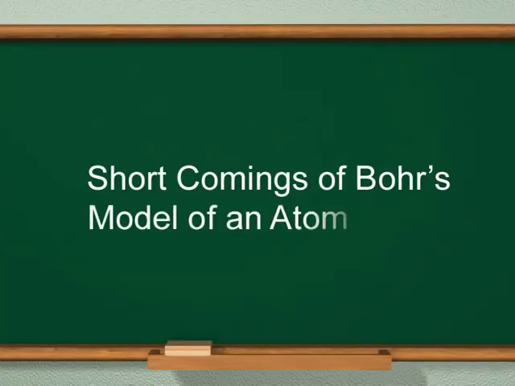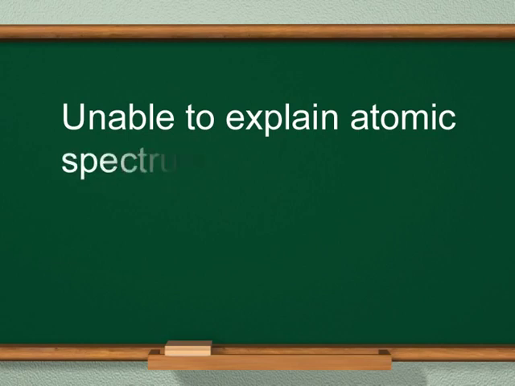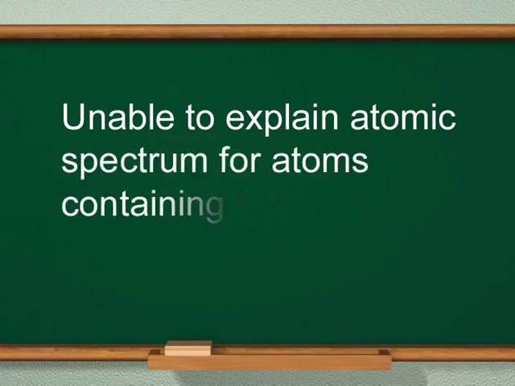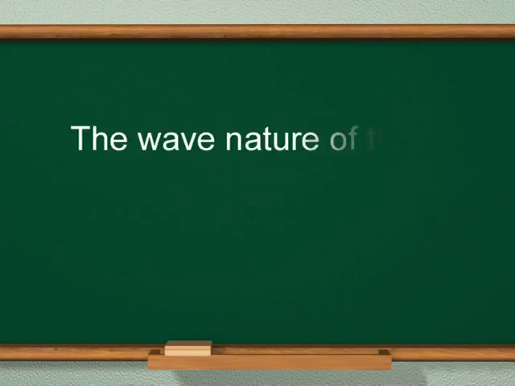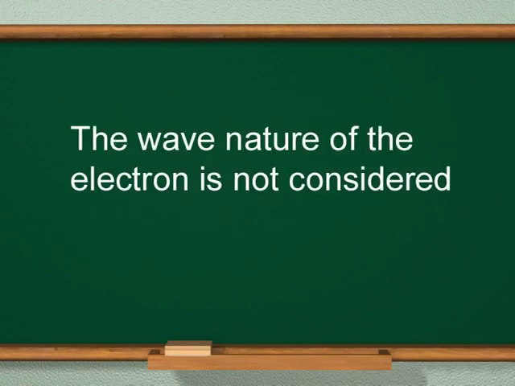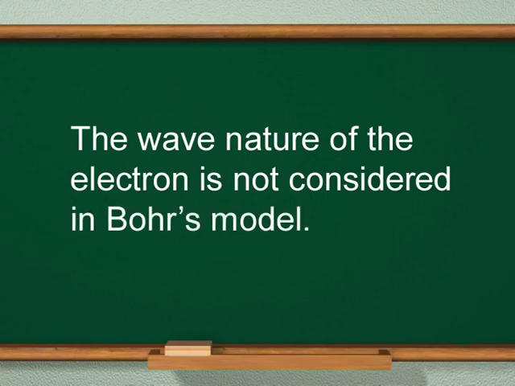Let us discuss shortcomings of Bohr's model of an atom. Bohr's theory was unable to explain atomic spectrum for atoms containing more than one electron. The wave nature of the electron is not considered in Bohr's model.